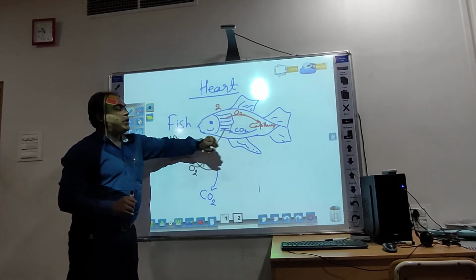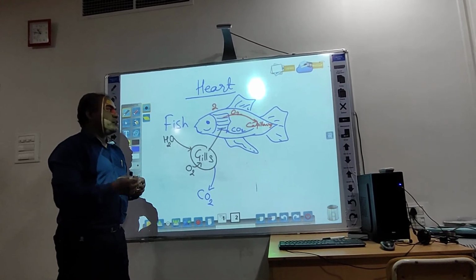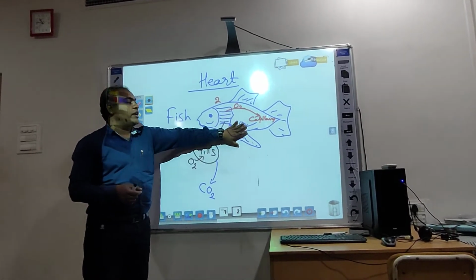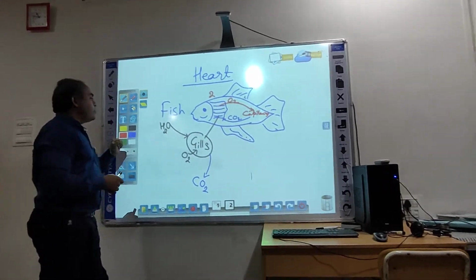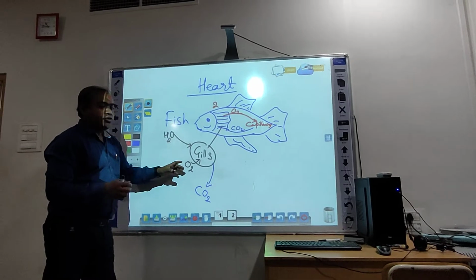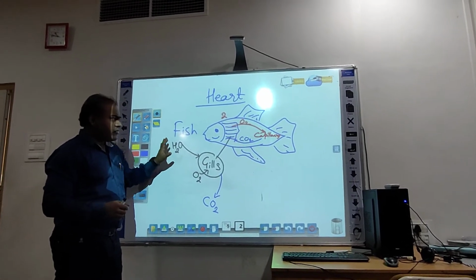So oxygenated blood goes to the capillaries, throughout the body, circulation, diffusion. Once the metabolic activity is done, CO2 is again given back to the gills, and with the help of the gills it is removed out. So this is what happens in a fish.